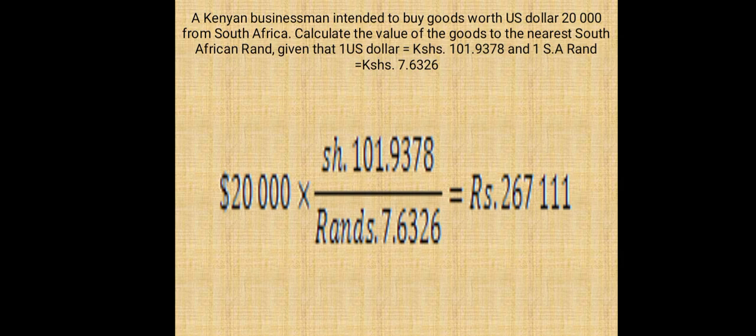So the cross rate will be 101.93 Kenyan shillings over rands, which is 7.6326. Now multiply by the US dollars 200,000, we get that the rands the businessman got was 267,111.